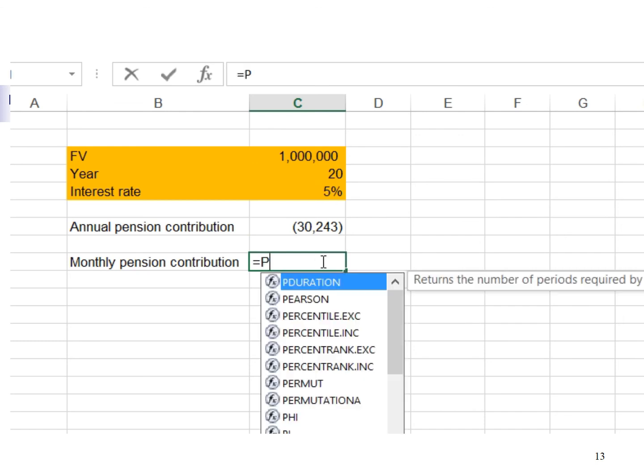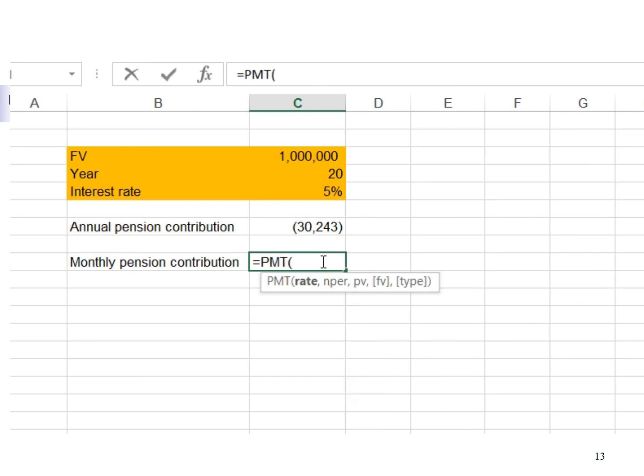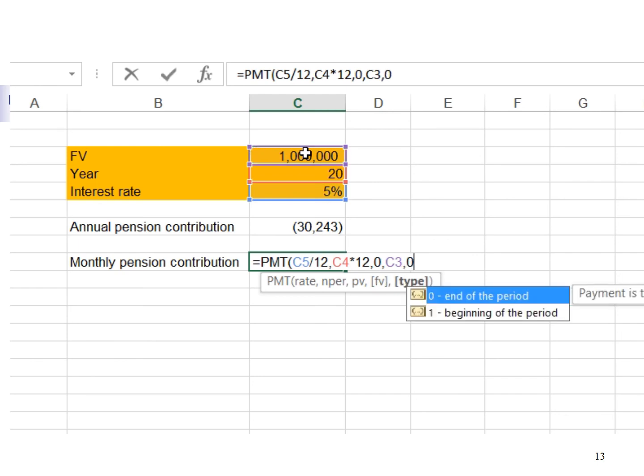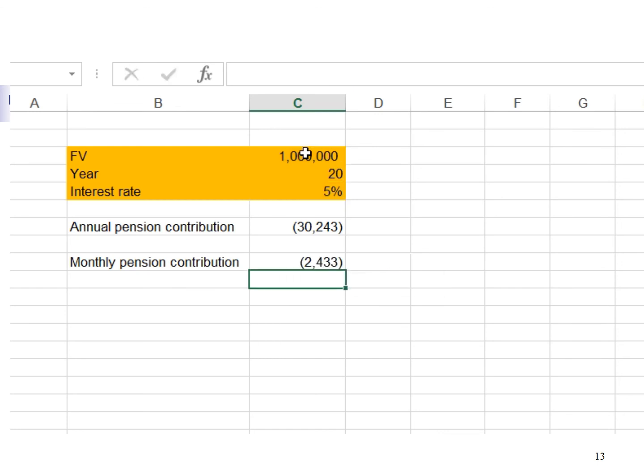Equal PMT, open bracket, 5% divide 12, comma, point year multiply 12, comma, present value is 0, comma, future value is 1 million, comma, type 0 for ordinary annuity, close bracket, enter.